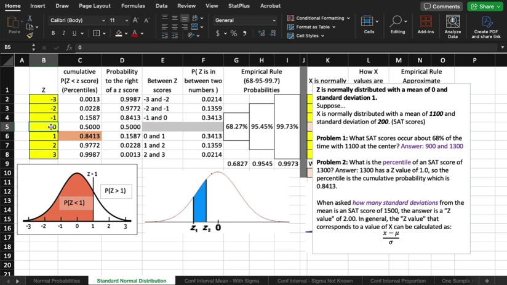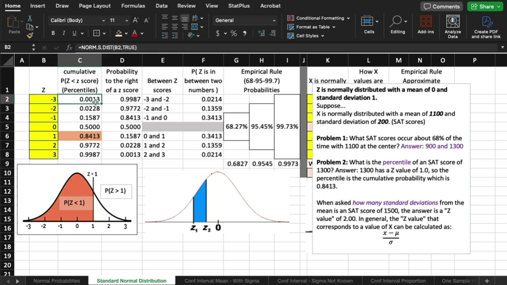A Z-value of -1 is one standard deviation below the mean, and a Z-value of +1 is one standard deviation above the mean. So basically, everything is measuring how many standard deviations away from the mean you are.